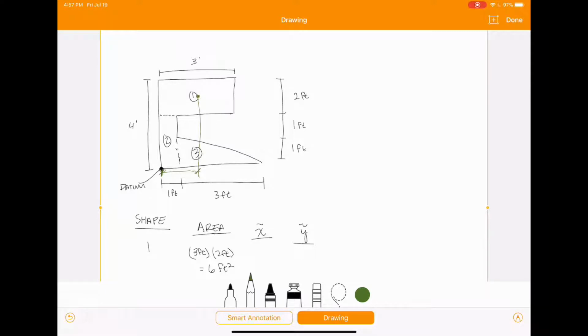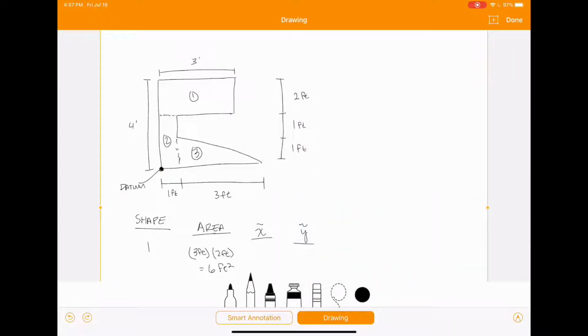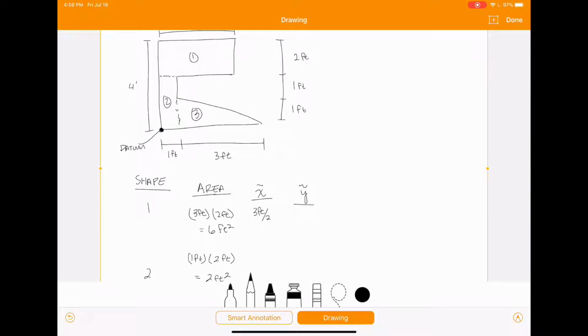Again, the distance from the datum over to the centroid of the individual shape. So in this case, our X tilde for shape 1 is going to be 3 feet divided by 2, which is going to be 1.5 feet.